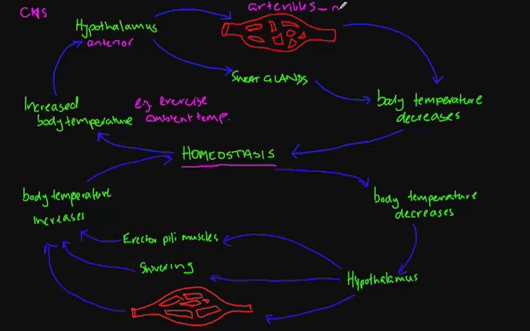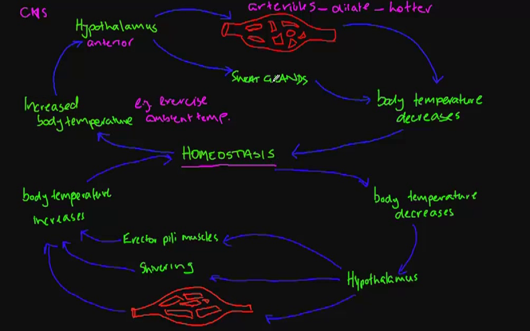It dilates these arterioles, so more blood flows to the surface of the skin. With more blood flowing to the surface, skin temperature is hotter than the external environment, and evaporative cooling occurs. So heat is lost through radiant energy and evaporative cooling, the body temperature decreases, and we return back to homeostasis.